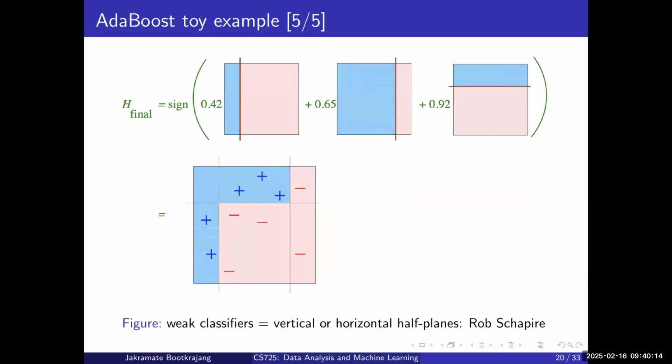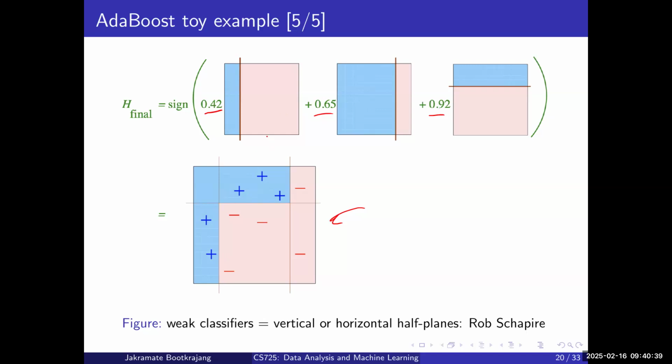And the final decision boundary, right? When you add up, you take the weight for the first classifier times the first classifier, plus the weight times the second classifier, the third classifier, and you will get a decision boundary like this. So the decision will be non-linear.